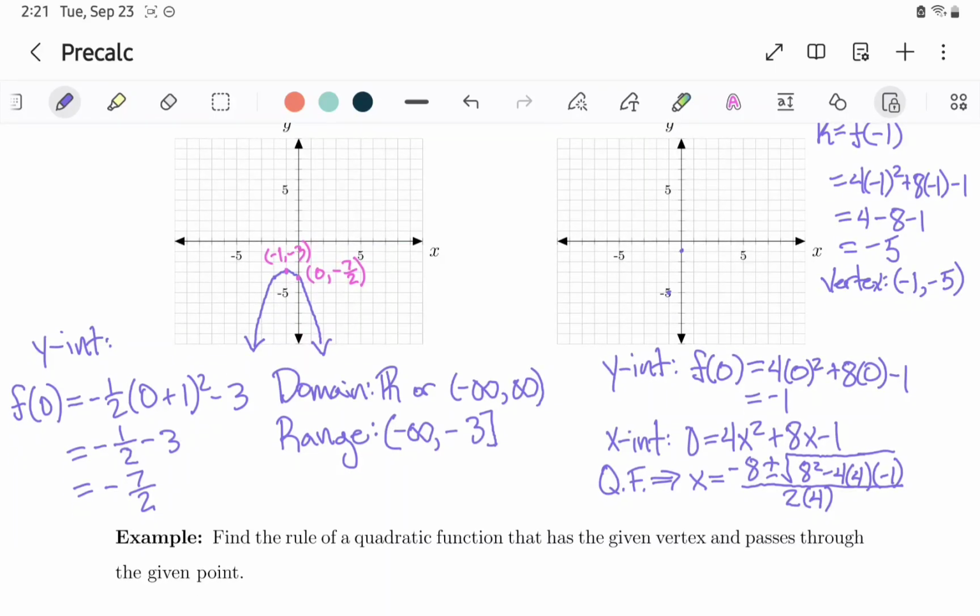And when we go and simplify this, well, we are going to have minus 8 plus or minus the square root of 64 plus 16, so square root of 80 over 8. So in other words, we have minus 1 plus or minus the square root of 80 over 8, which is going to give us two solutions for x.